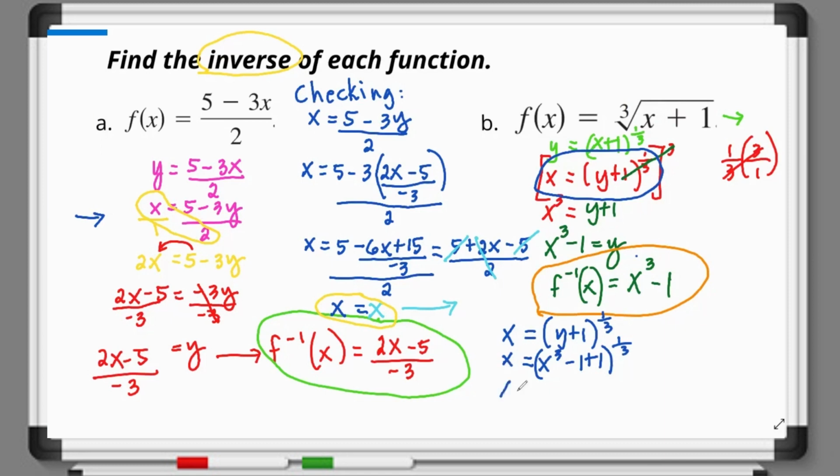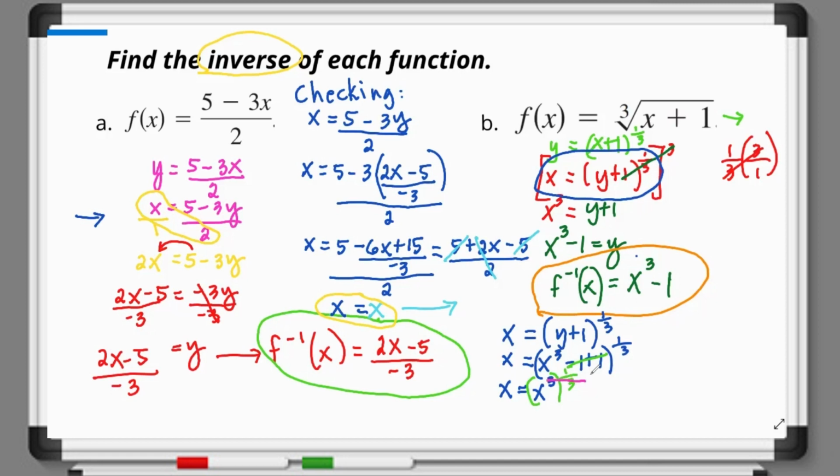So, x cubed. So, negative 1 plus 1, automatic 0, eliminated. So, ang natira, ito na. One-third. Now, three times 1/3.